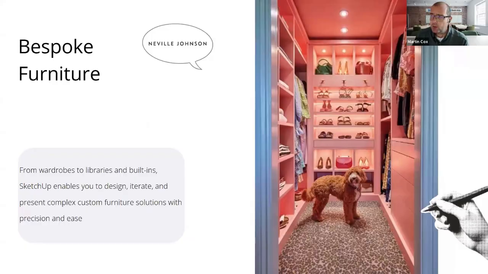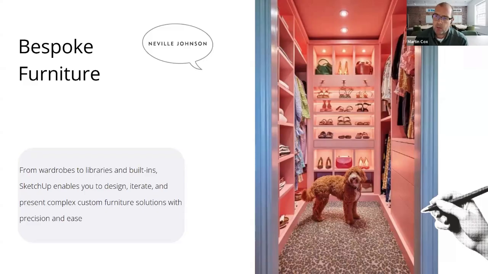Now, also, when it comes to other spaces, small spaces can be hard to visualize. And, you know, when you have these small spaces, it really can be great to show people.